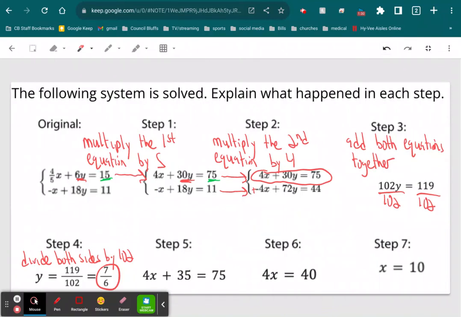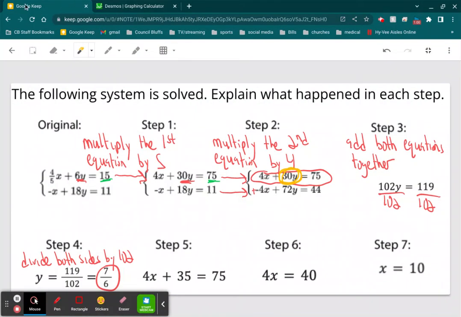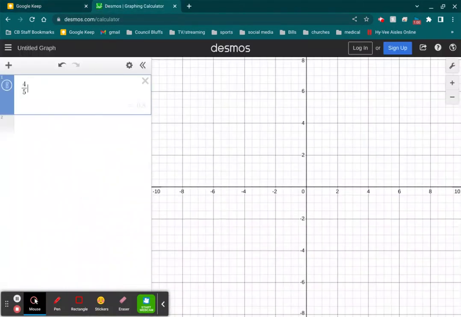Let's check to make sure that 30 times 7/6 is 35. 30 times 7/6 is indeed 35.